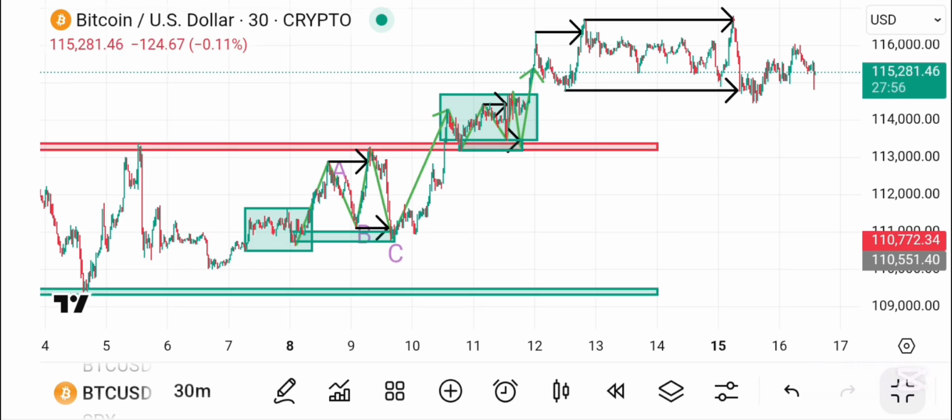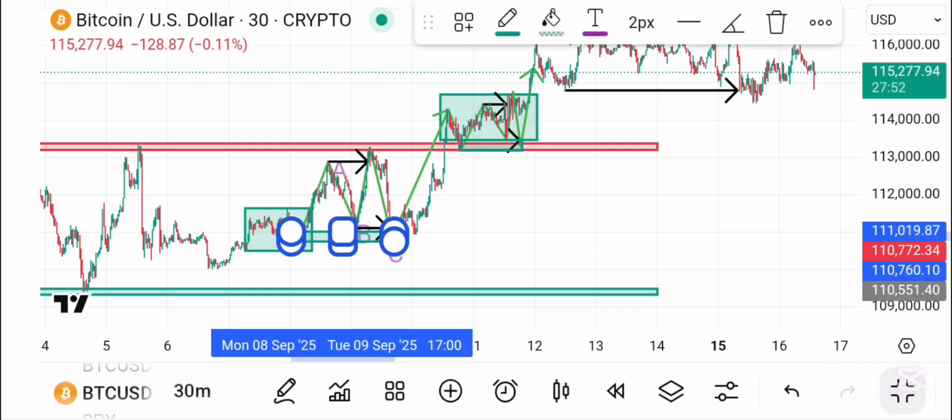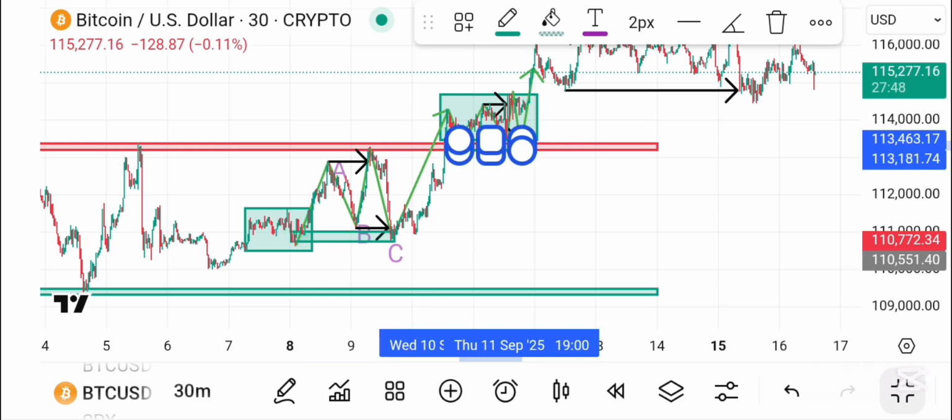Okay, right here by your left, you saw the demand zone being mitigated. We also predicted the demand zone right here, which is located at the resistance zone, like we previously said.